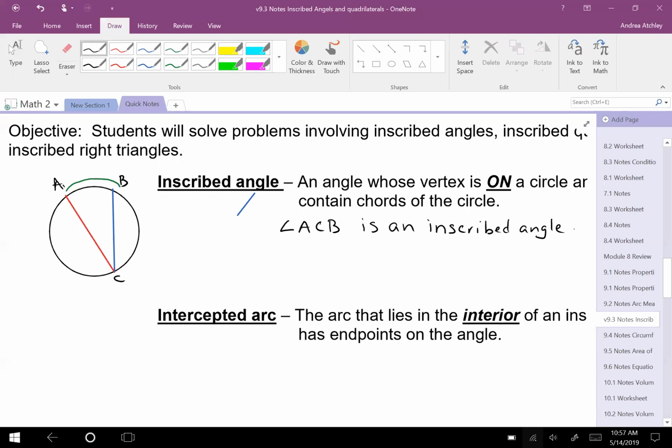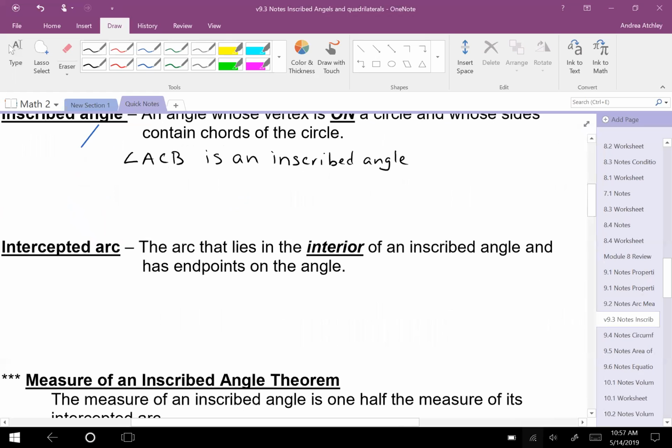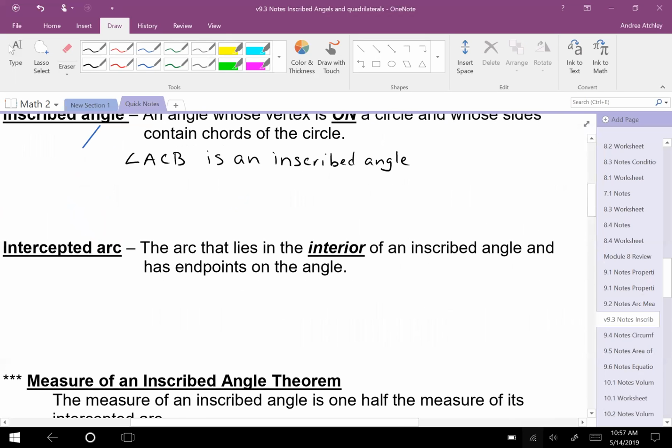The intercepted arc is the arc that lies in the interior of an inscribed angle and has endpoints on the angle.